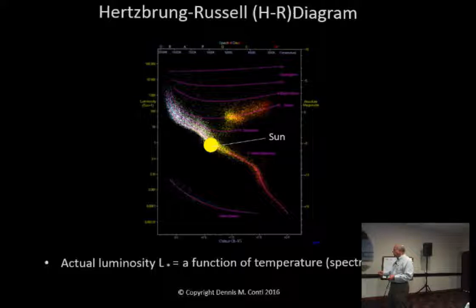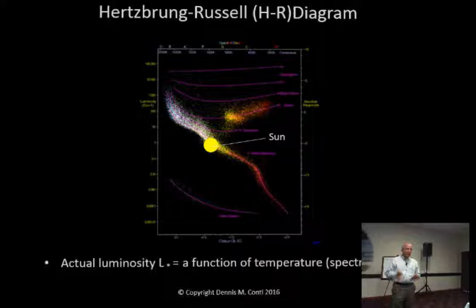Our sun is right there in the middle. And basically, the point of all of this is that the actual luminosity, L star, is a function of the temperature, that's to say the spectral type. So a star up here, that's an A, if it's in the main sequence here, would sort of suggest a luminosity here.